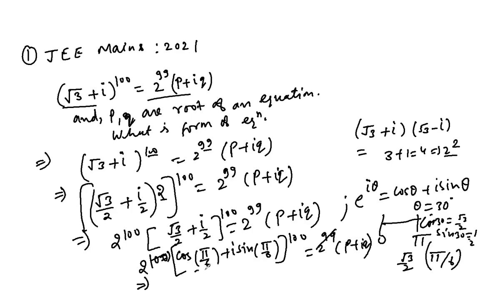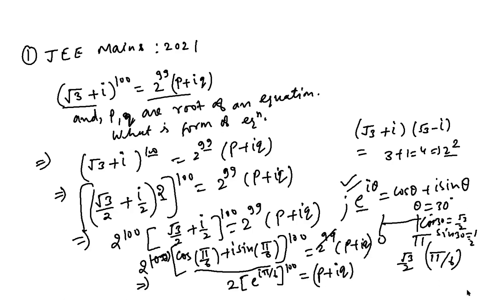Now this thing can be written as e to the power of iota theta using this expression. Theta we know here is pi by 6, so it will be 2 into (e raised to power iota pi by 6) raised to power 100, which is simply equal to p plus iota q.